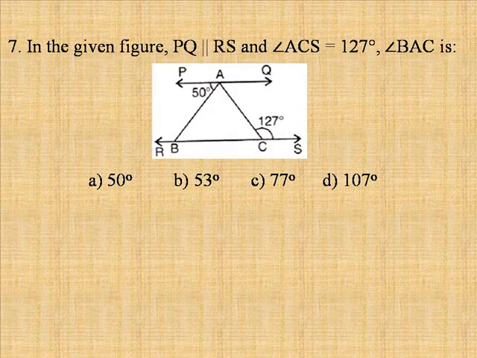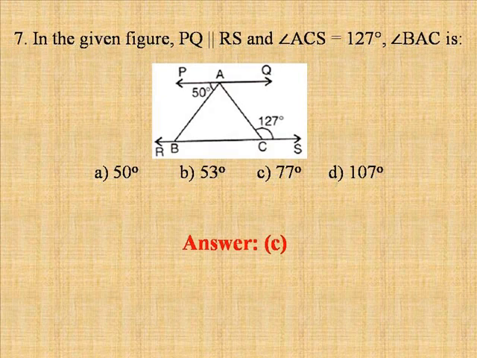Number 7. In the given figure, PQ is parallel to RS and angle ACS equals 127 degrees. You need to find angle BAC and you have 4 options. Let's see its answer. The answer is option C, that is 77 degrees. How?